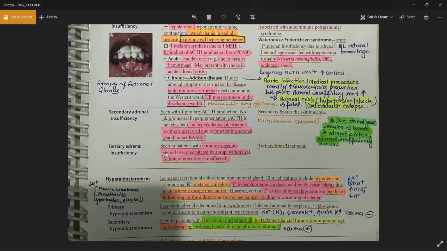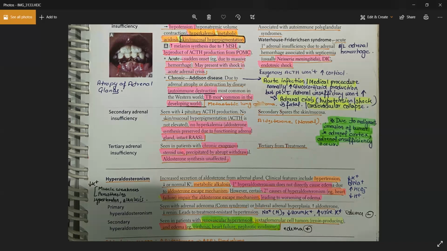Okay, and the aldosterone synthesis would be unaffected. Why? Because ACTH does not control aldosterone. It just controls the glucocorticoids. So tertiary always happens because of the treatment. And whenever a tumor metastasizes to the adrenals, what's going to happen?